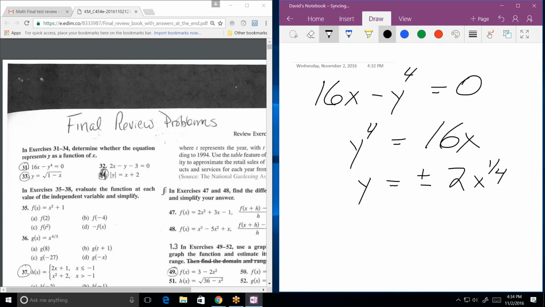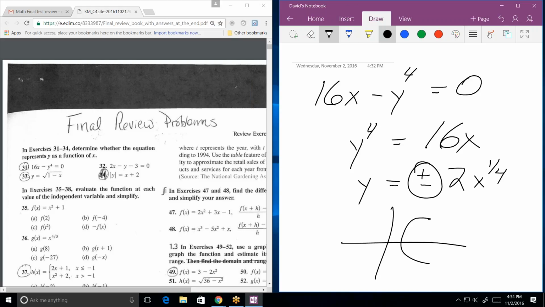Now I'm getting it. Yeah, now I'm understanding what they're asking for. In other words, a circle is not a function of x. And anytime you have both the plus and the minus, then that function's going to look something like that, where it does not pass the vertical line test.